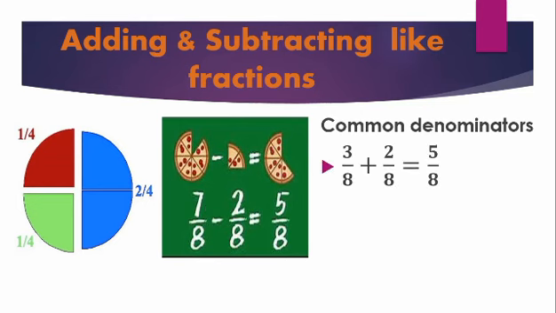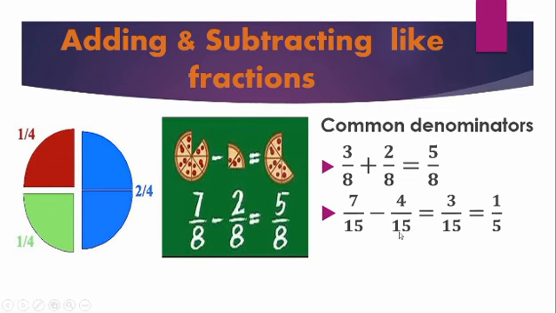Let's take another example. Look at this example. 3/8 plus 2/8 equals, we only have to add the numerators. So 3 plus 2 equals 5 because we have common denominator 8. Another example, 7/15 minus 4/15.